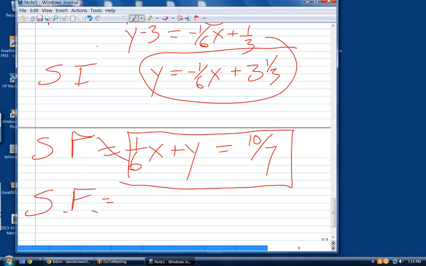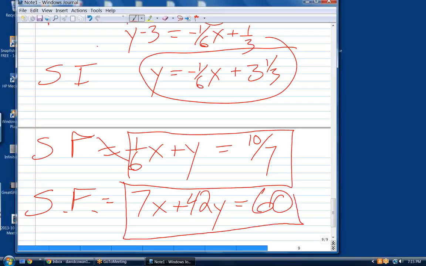How about if I multiply both sides by the common denominator, 42? That gives me 7x plus 42y equals 60. Remember, I'm multiplying both sides by 42. This is now standard format. The only way to get rid of the fractions was to multiply everything by 42, the common denominator.